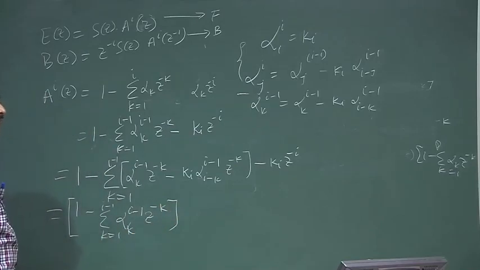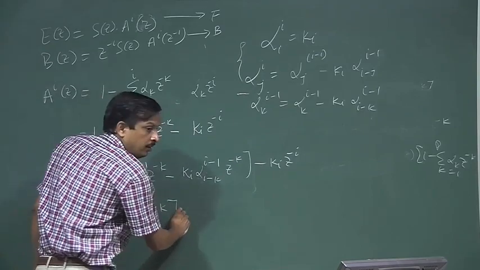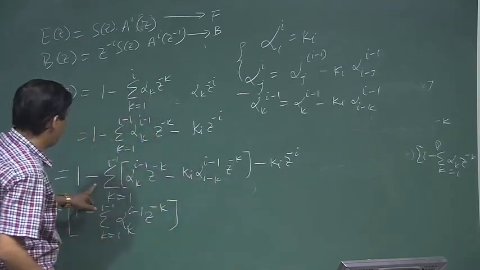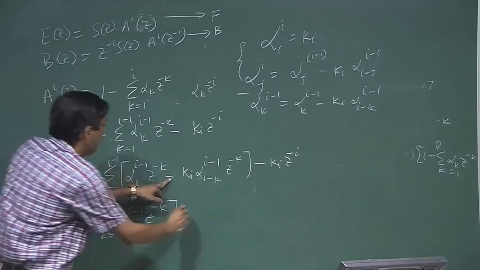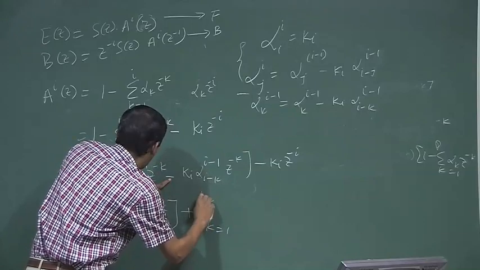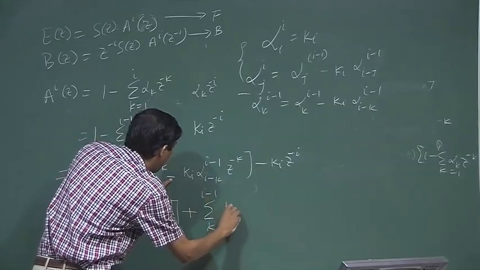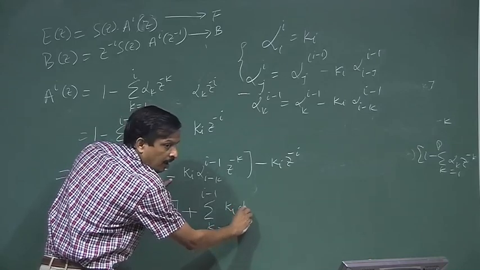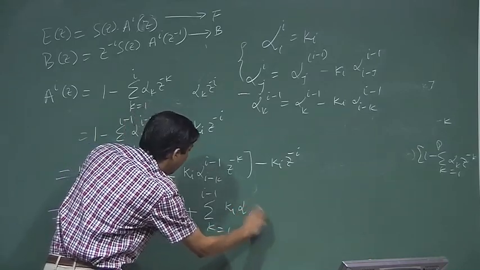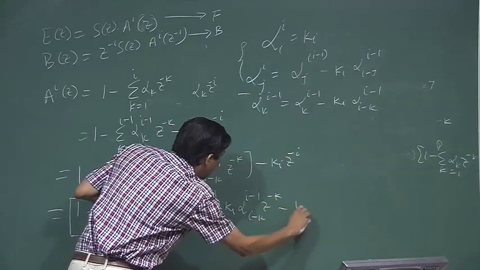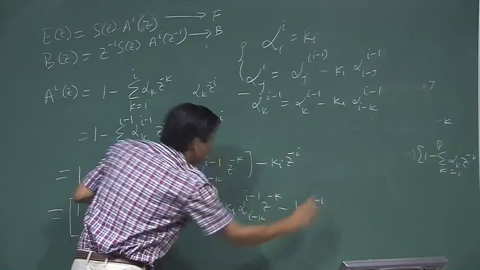Another term: if I take this sign, this is minus, minus minus is a plus. So, I can say plus the sum over k equal to 1 to i minus 1 of k i alpha i minus k i minus 1 z to the power minus k, times z to the power minus i.